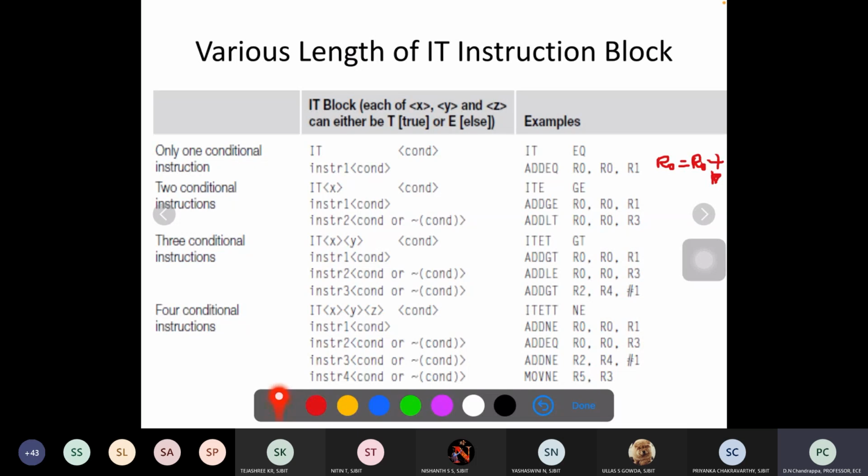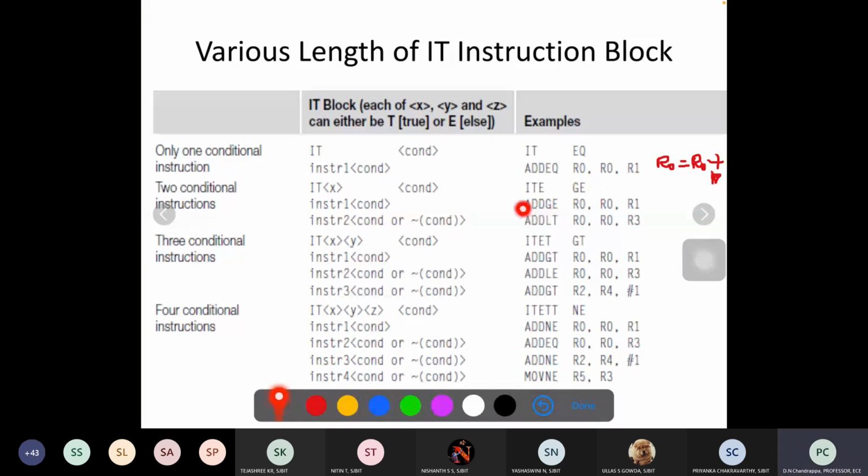Now I'll come to the second condition. Look into the second condition. If-then, the first condition X by default is always the first condition. Now condition 2: IT, if-then E for else, greater than.